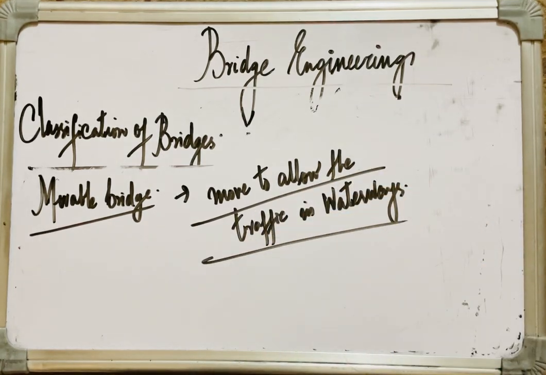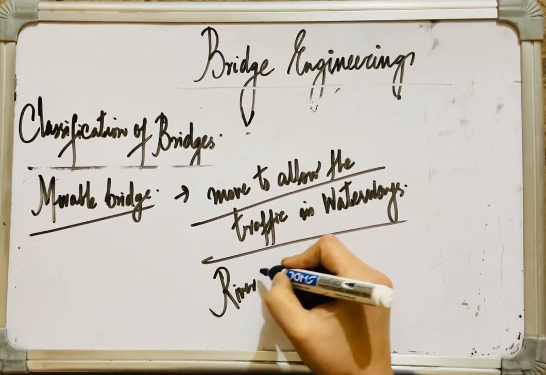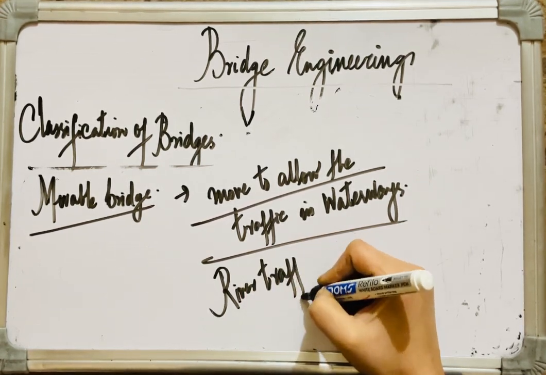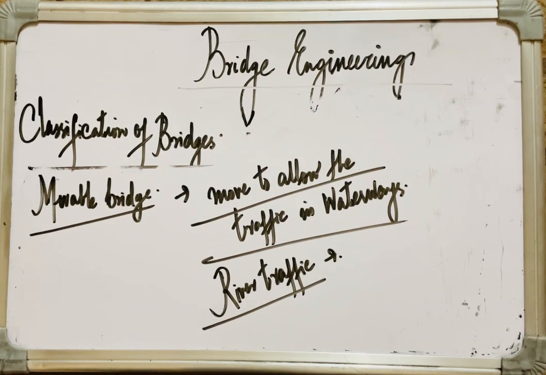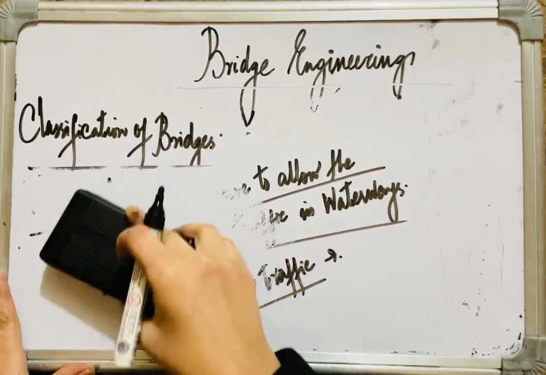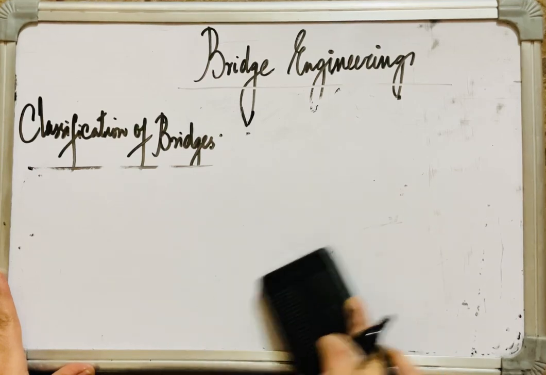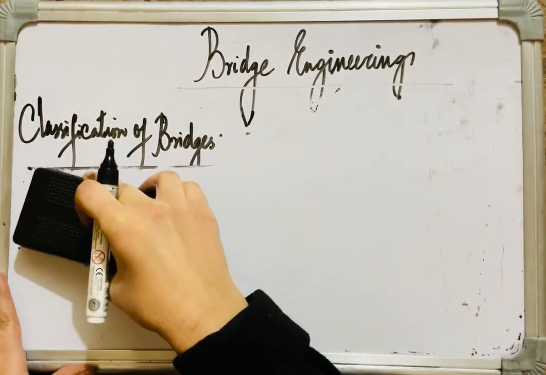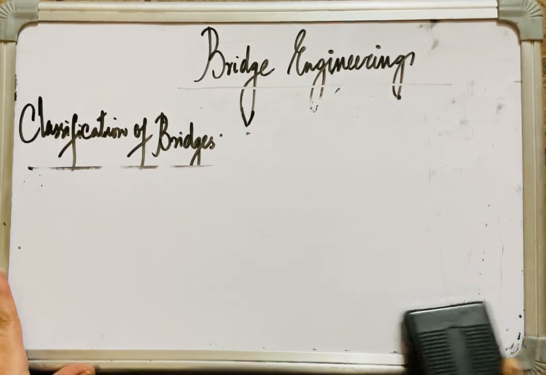That is known as a movable bridge, which moves to allow the navigational requirements, so that it can provide a passage to the river traffic beneath the bridge. This is the generalized classification of those bridges which permit the movement of river traffic in one way or the other.